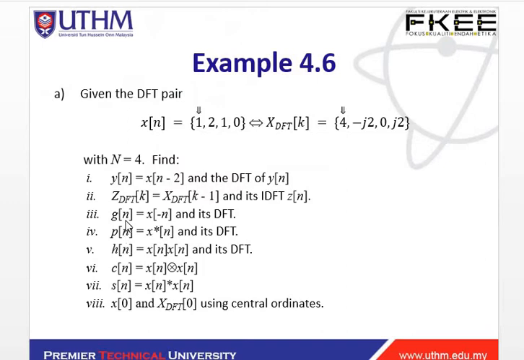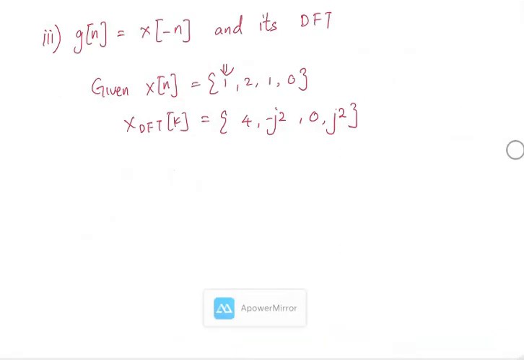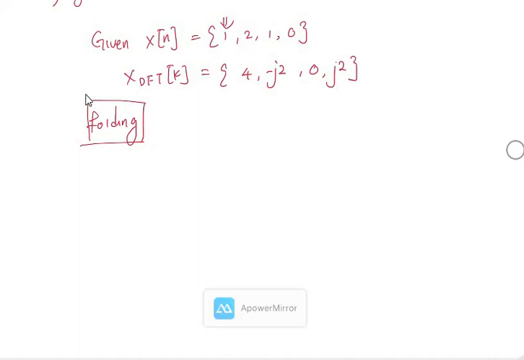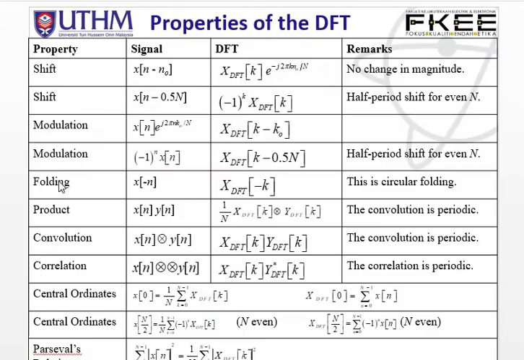The next question is gn equal to x(-n) and its DFT. So x(-n) refers to the property of folding. For the property of folding, if you refer to a table, x(-n) has DFT X(-k).